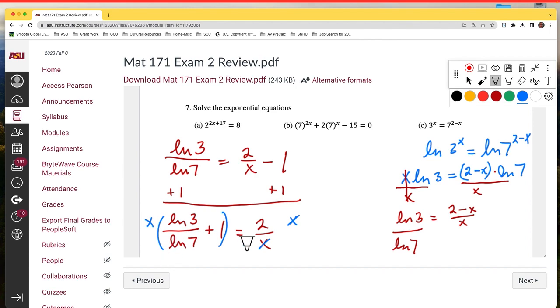I'm not actually going to multiply this out. What I'm then going to do is divide by this part. So notice the x's have canceled here. So they're gone. I'm going to end up with x equals 2 divided by all of this.